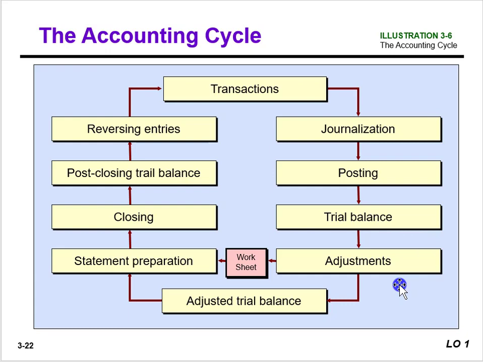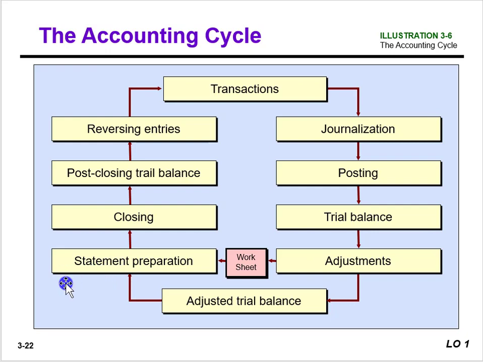Once you get to the closing of the cycle, you have some adjustments that you need to make. And then from there, you can create an adjusted trial balance that has these new adjustments that are different than the daily transactions. These are accounting adjustments that you have to make at the end of the period. So you can create an adjusted trial balance, or you can go directly from the adjustments to preparing your statements.